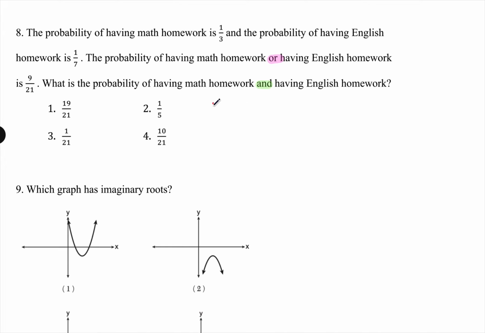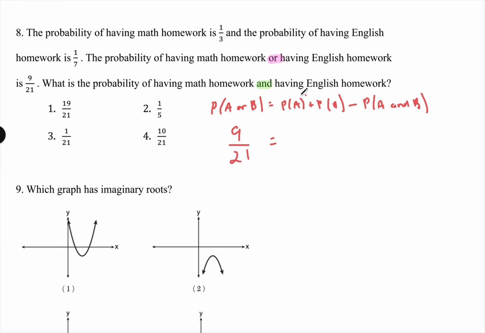You know it's going to be P of A or B equals P of A plus P of B minus P of A and B. So now we have 4 unknowns, but we know 3 of them. What's the value of P of A or B? That's going to be 9/21.